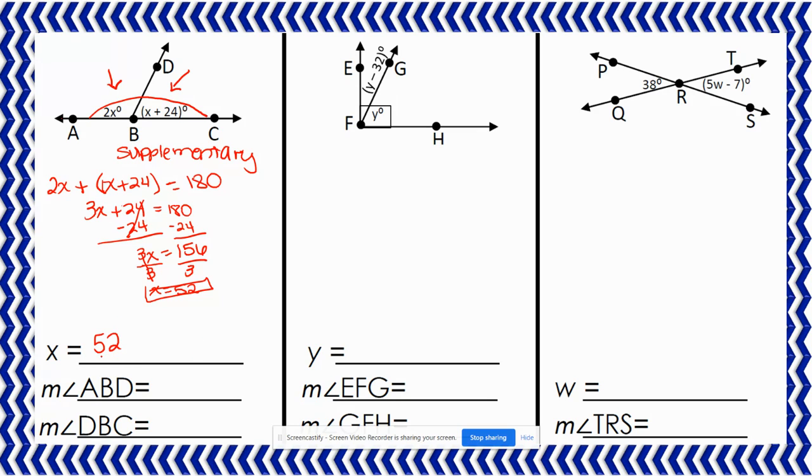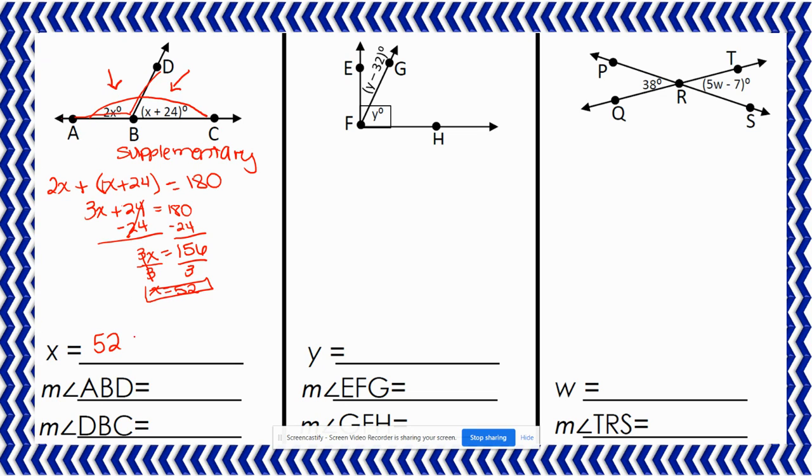Now, if all I had to do was find x, then I would be done. But this problem also wants me to find the measure of angle ABD and the measure of angle DBC. Well, I can use what I just learned, which is that x equals 52, to figure out what those angles measure. So angle ABD is right here, and for angle ABD, it equals 2x, which means 2 times x.